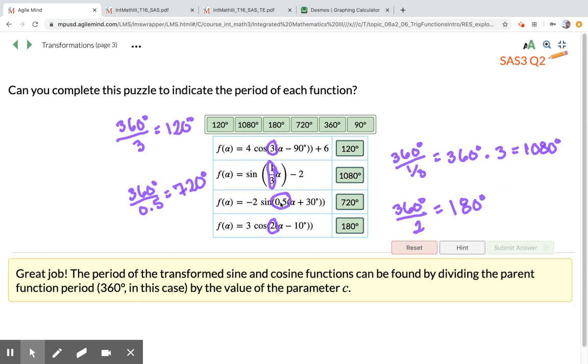This one, with C less than 1, sure enough, its period also got stretched, and it's going to repeat itself every 720 degrees. And this one right here actually shrank, right? My C was greater than 1, and so my period shrank. It got compressed, and my function wave will repeat itself every 180 degrees.